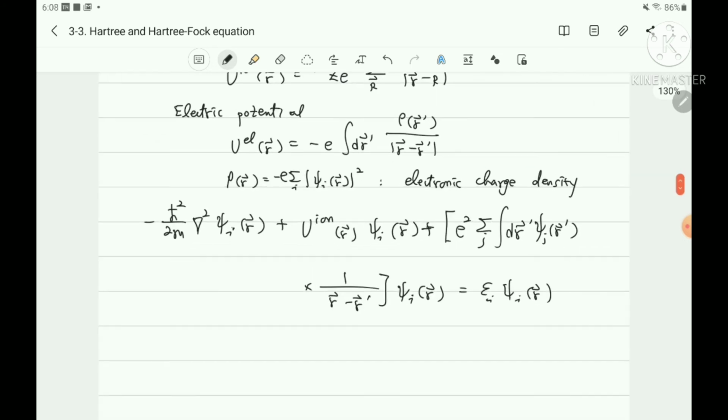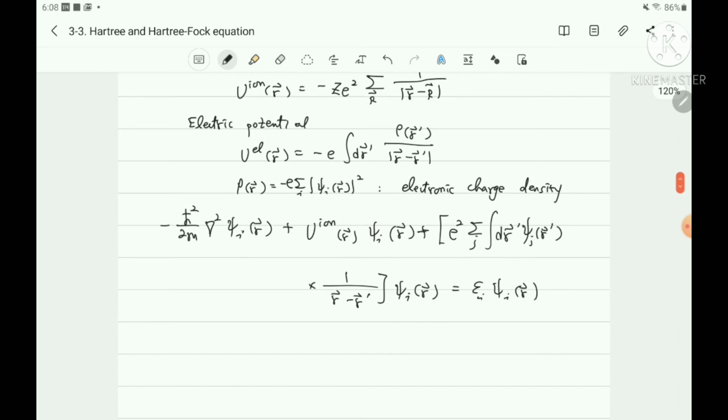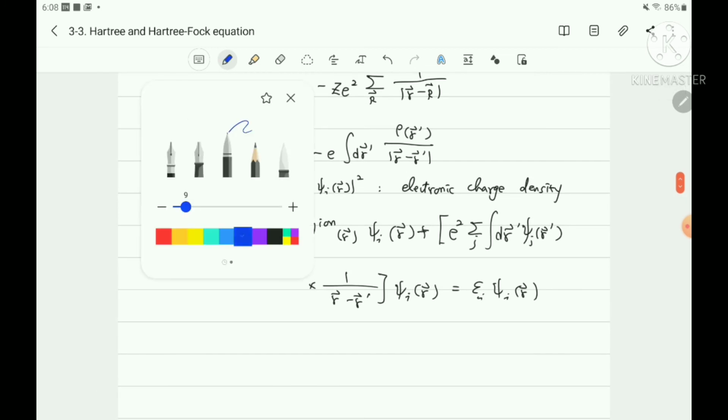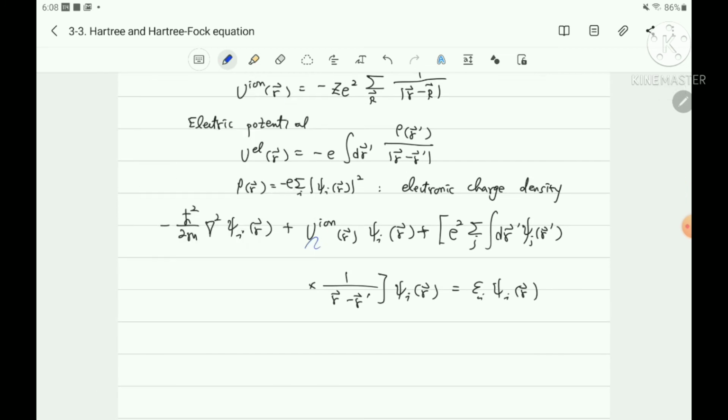The first term is the kinetic energy, the second one is the electron-ion interaction, and the third term, from here to here, is the electron interaction.